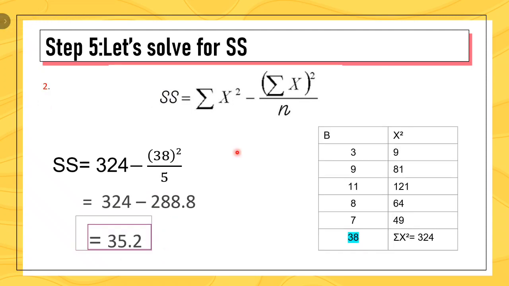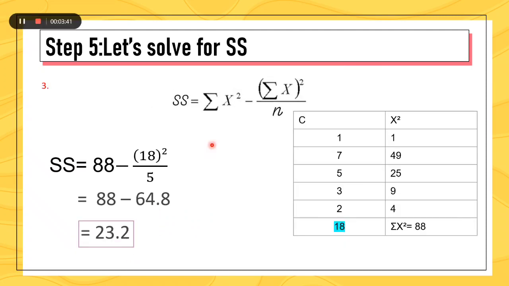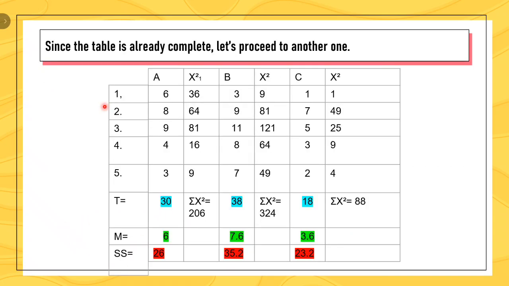The next one, we ended up with 324 minus 288.8, so it is equal to 35.2. For the last one, we ended up with 88 minus 64.8, which is equal to 23.2. After those steps, we already completed the first table, so we will proceed to another one.